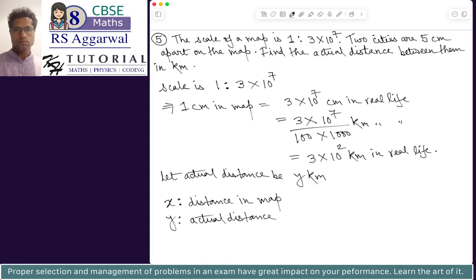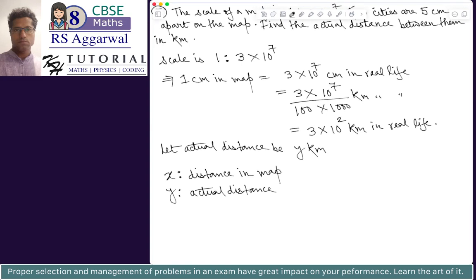Let the quantity x represent the distance between two cities in the map, and let the quantity y represent the actual distance between the two cities in real life. Now, as you can see, definitely the quantities x and y are in direct variation, because if x is more, then the actual distance will also be more.